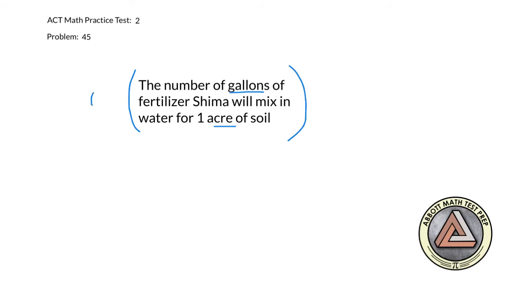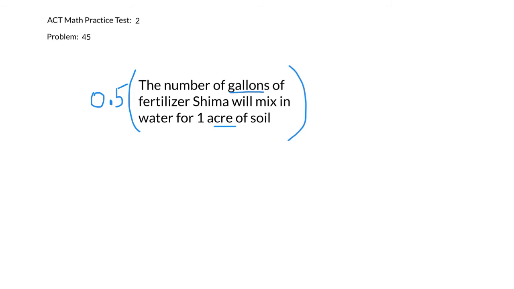Now, that's really the same thing as multiplying times 0.5. So if we could just find the number of gallons of fertilizer she'll mix for 1 acre of soil, you just multiply that number of gallons by 0.5 and take half that amount, and then you'll have your answer.